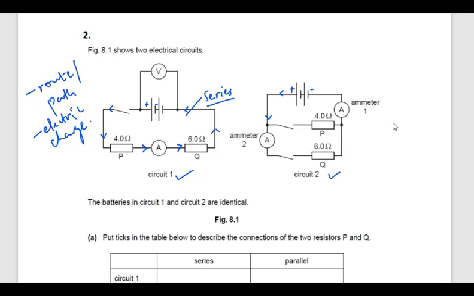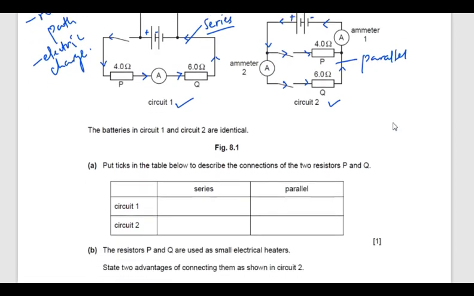It can flow through this route, another can flow through this route. Because we have two or more routes for the electric charge to flow through, this is a parallel circuit. I think that's clear. So circuit 1 is series and circuit 2 is a parallel circuit.